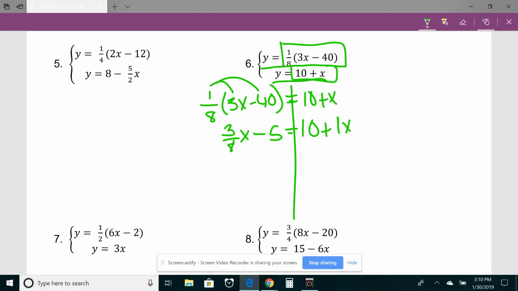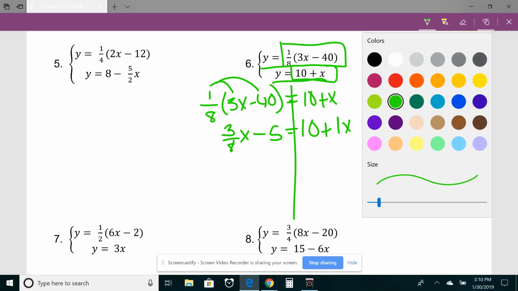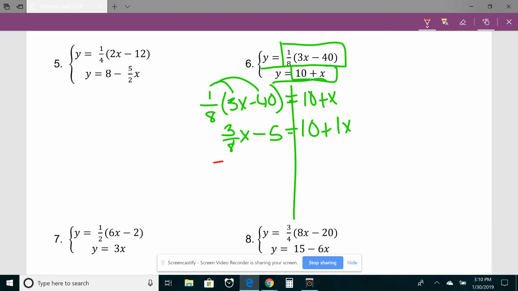All right, now in order to bring the x's over, I'm going to minus 3/8 x from both sides, but you've got to be careful, because you need a common denominator before you add and subtract fractions. The common denominator I want here is an 8, right? So I'm going to change this 1 to an 8/8.